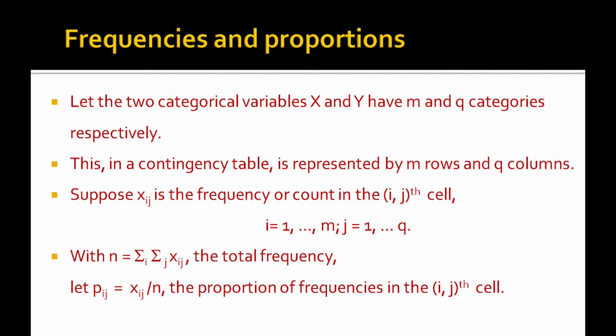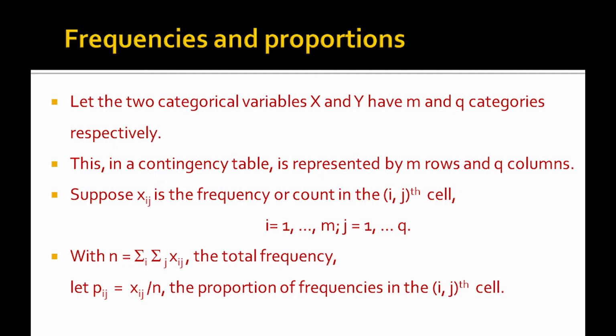Now let x_ij be the frequency or count in the ij cell. That is, x_ij is the number of individuals with x category i and y category j. So for all these mq cells, we will have this x_ij spread over the whole table.